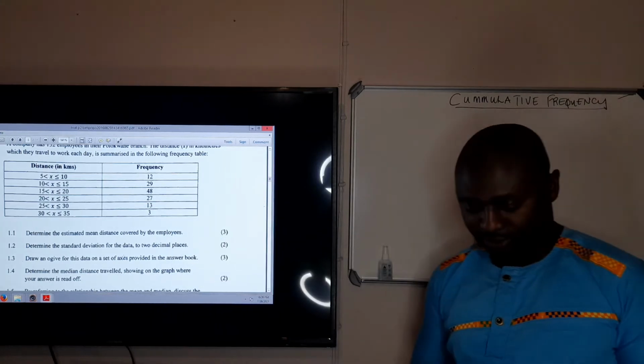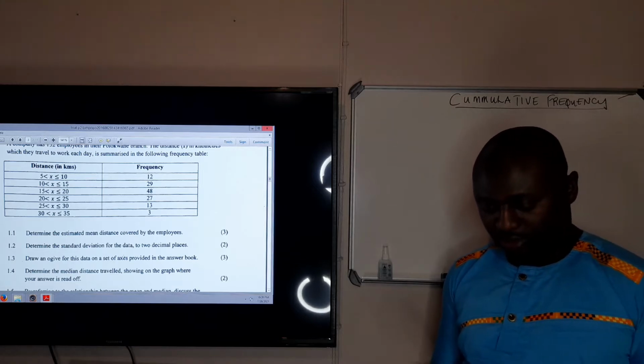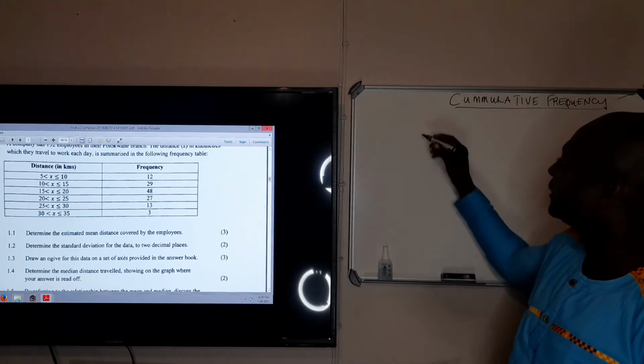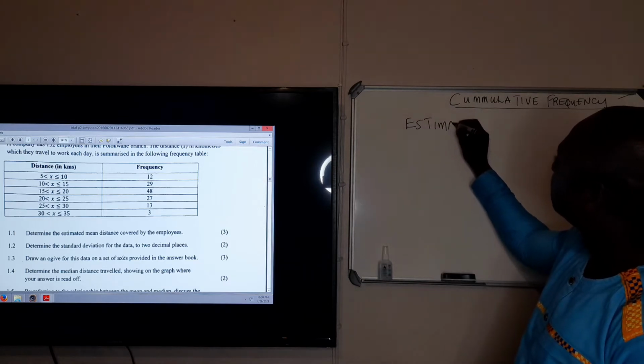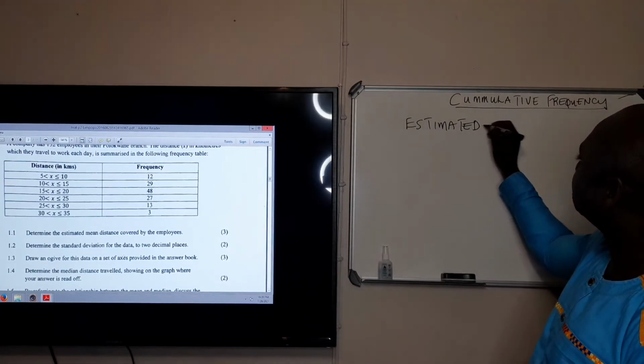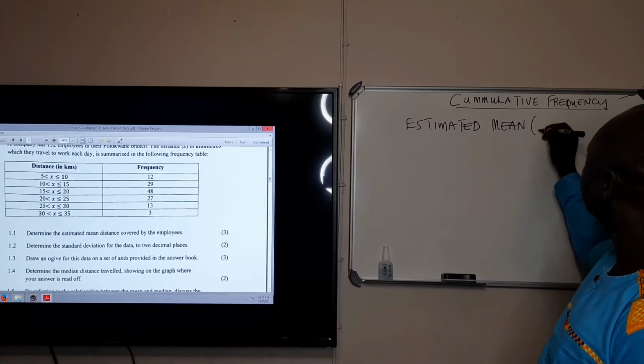You take your calculator and press the on button. Estimated mean is very important, and it is still your x bar.